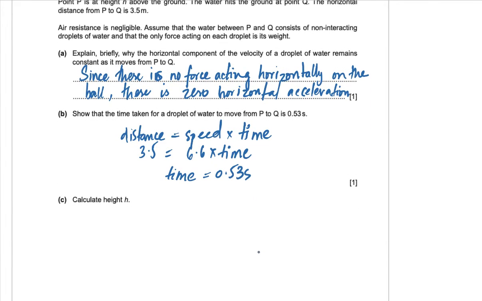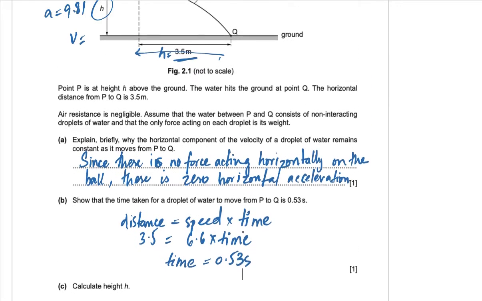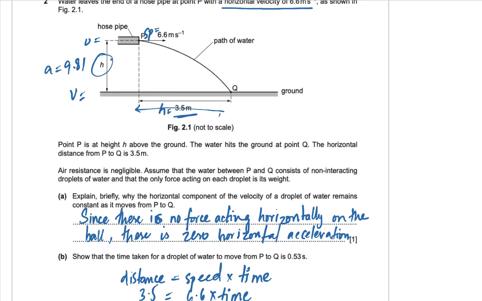Now part C, calculate height h. Height requires us to consider the vertical part of this projectile motion. Since there is no separate initial speed mentioned in this question, we'll assume that the initial speed of all the water droplets when released from point Q is 0. This is the initial velocity.